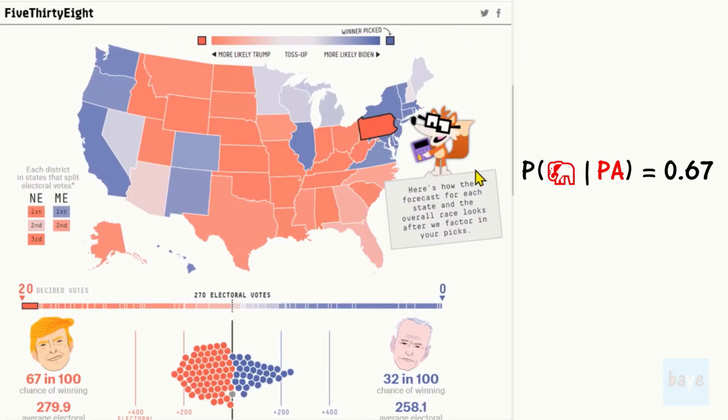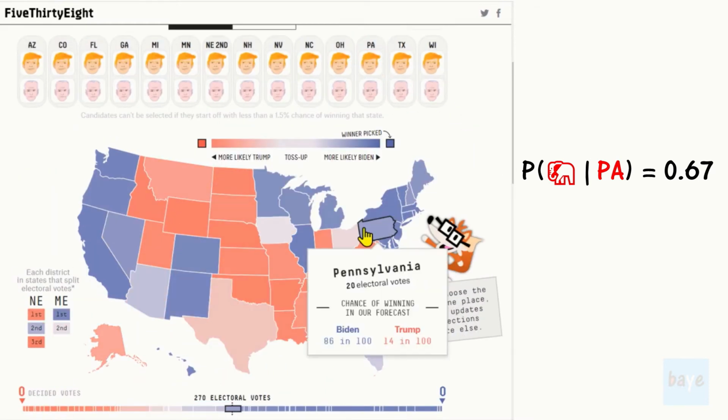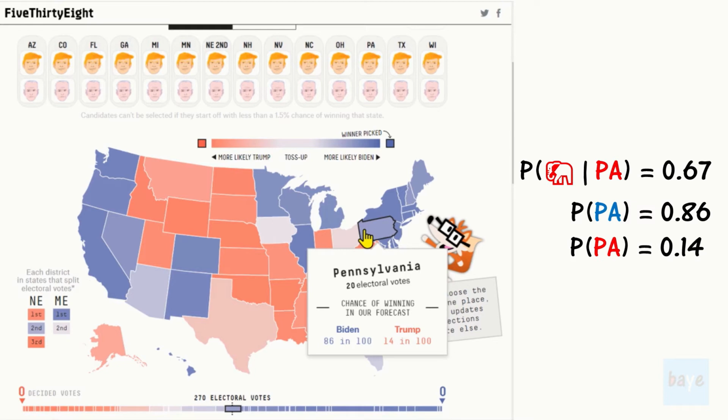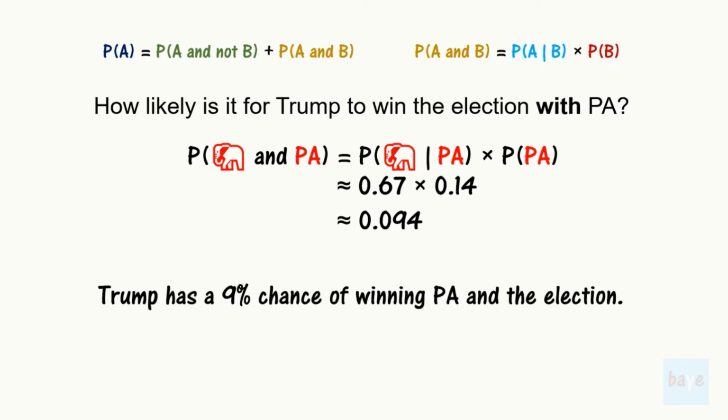To see the probability of either candidate winning Pennsylvania, let's deselect it and see that Biden has an 86% chance while Trump has 14% chance. Writing as decimals, this is 0.67 times 0.14, and it simplifies to around 9%. So he has about 9% chance of winning both Pennsylvania and the election.